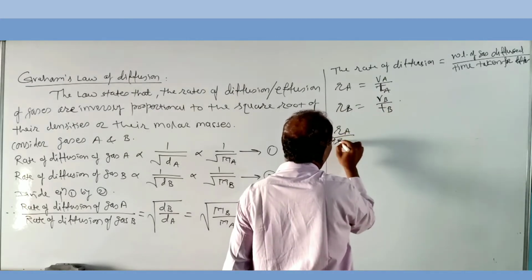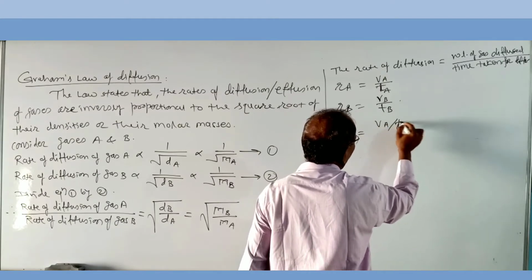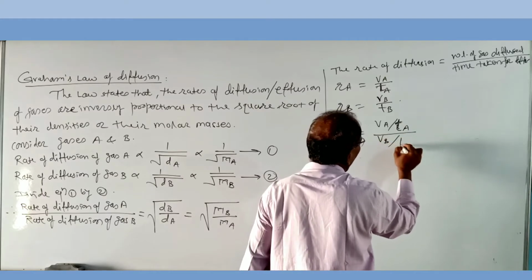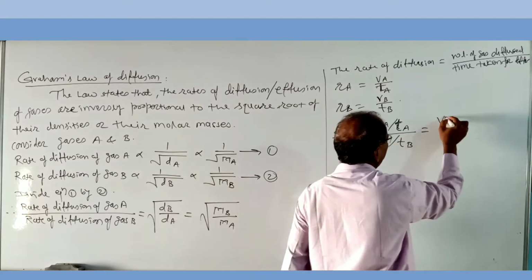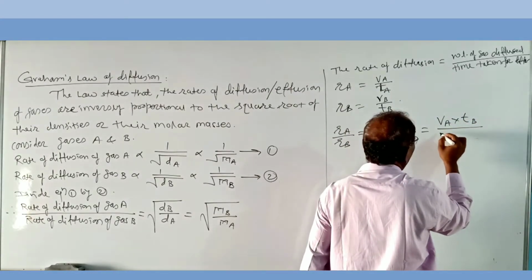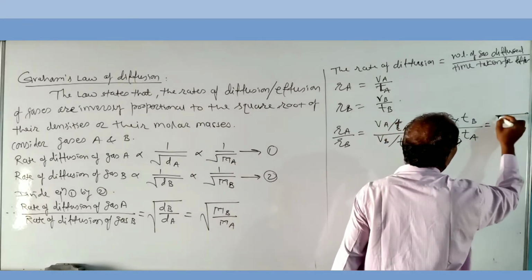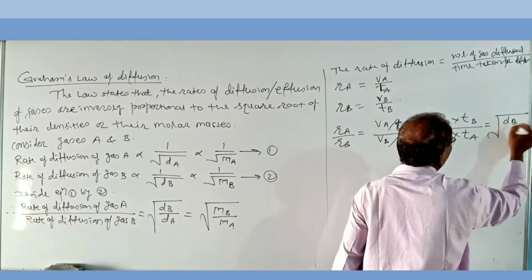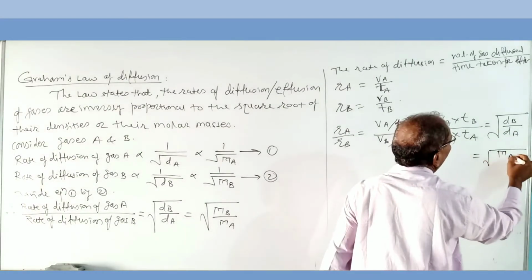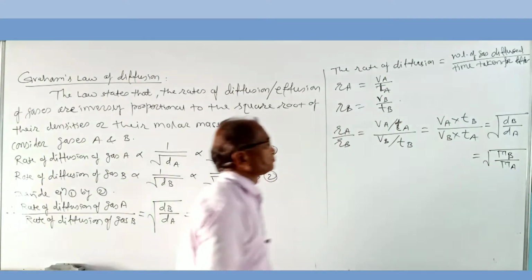Therefore, RA upon RB is equal to VA upon TA divided by VB upon TB. That is, VA into TB divided by VB into TA is equal to square root of dB upon dA, or is equal to square root of MB upon MA.